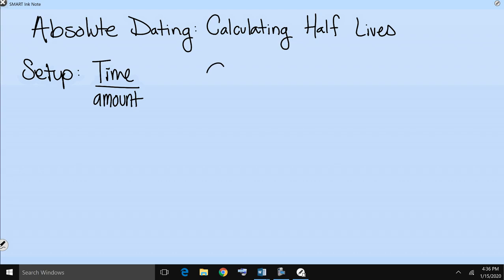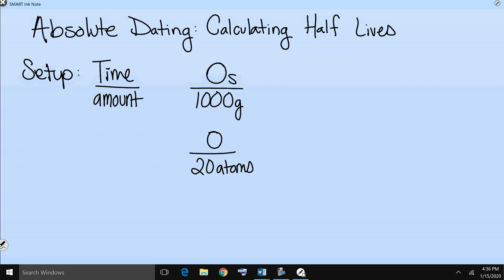So we're going to start like this. At time 0, the present, the timer has just now started, it is at 0. So the time over our amount. Now that could be 1,000 grams, or maybe 0 over 20 atoms. It's always going to be our time in seconds or days or weeks or years or something like that.